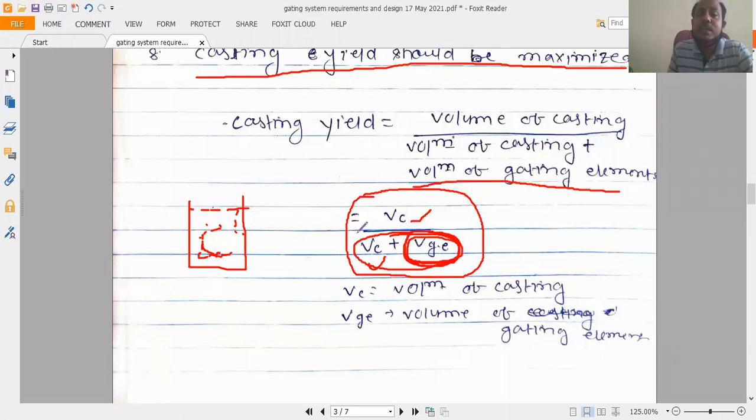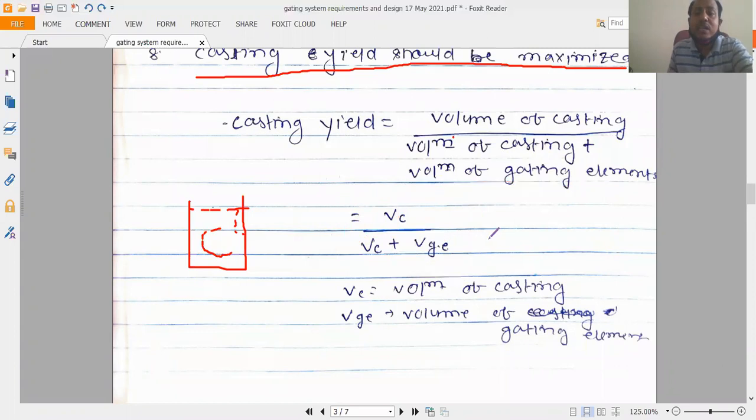If the gating system is large, this total value will be less. So we have to maximize this value. The value is always less than 1, because there is the volume of the casting and also the volume of the gating system.